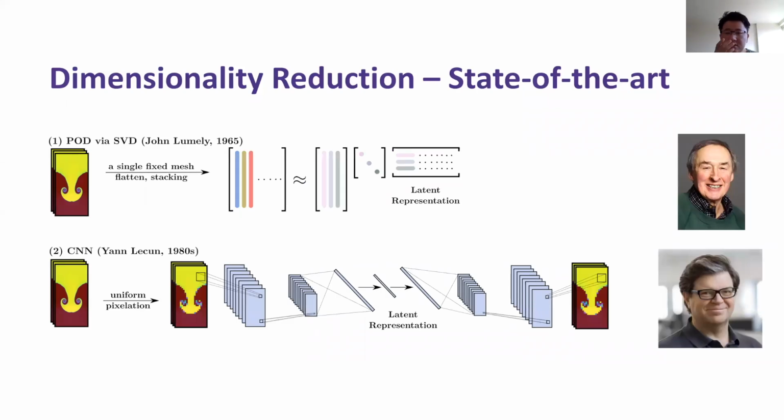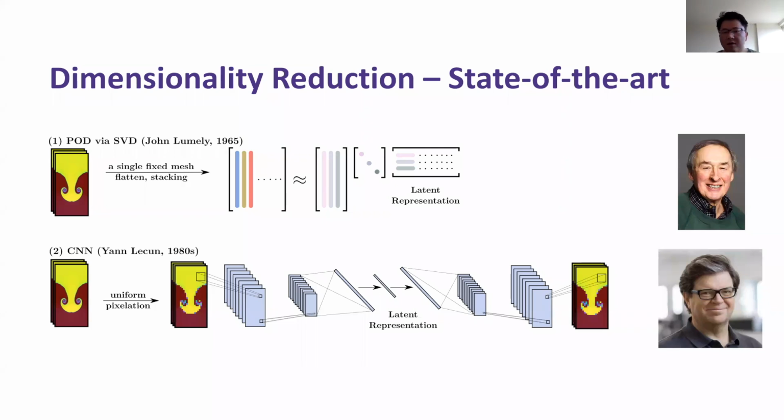The state of the art in this field, from the fluid dynamics perspective, is basically two kinds of methods. The first one is the so-called proper orthogonal decomposition. It's a statistical tool originally from the statistics community, but it was brought to fluid mechanics at a methodology conference in 1965 by John Lumley.